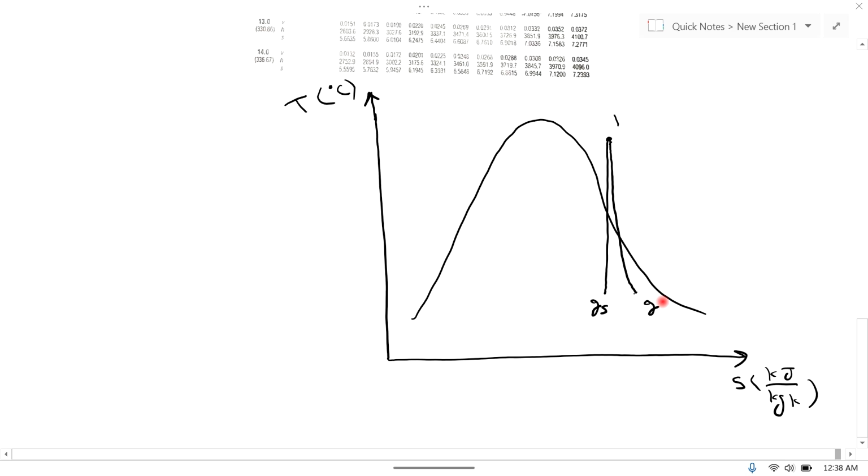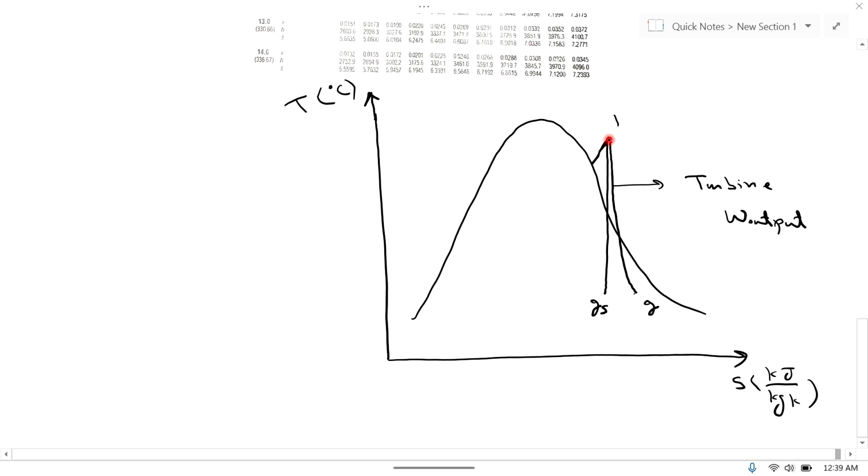This is point 2. So from 1 to 2, this is the turbine, and the turbine gives us work output.